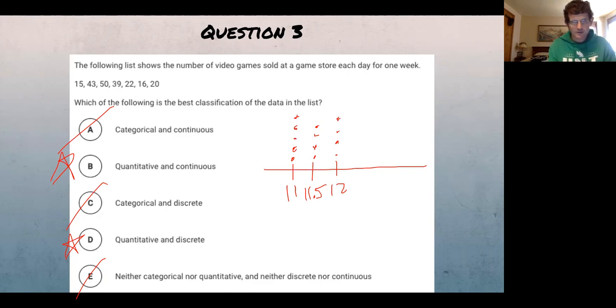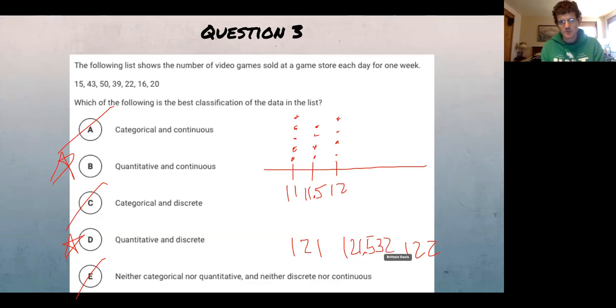So if you're measuring your weight, you could be 121 pounds, you could be 122 pounds, you could be 121.532 pounds. Any value is possible. So anyways, continuous versus discrete: all values are possible for continuous, only certain values are possible for discrete.